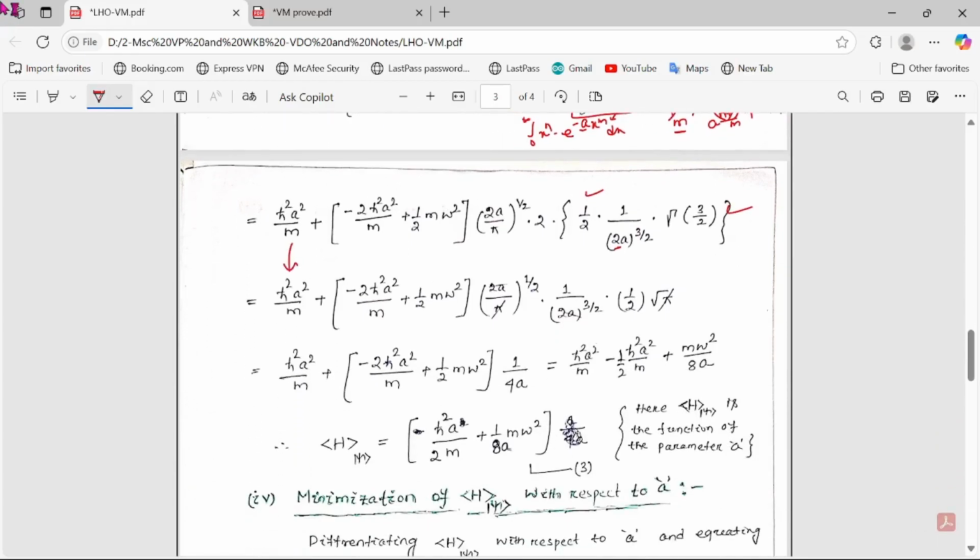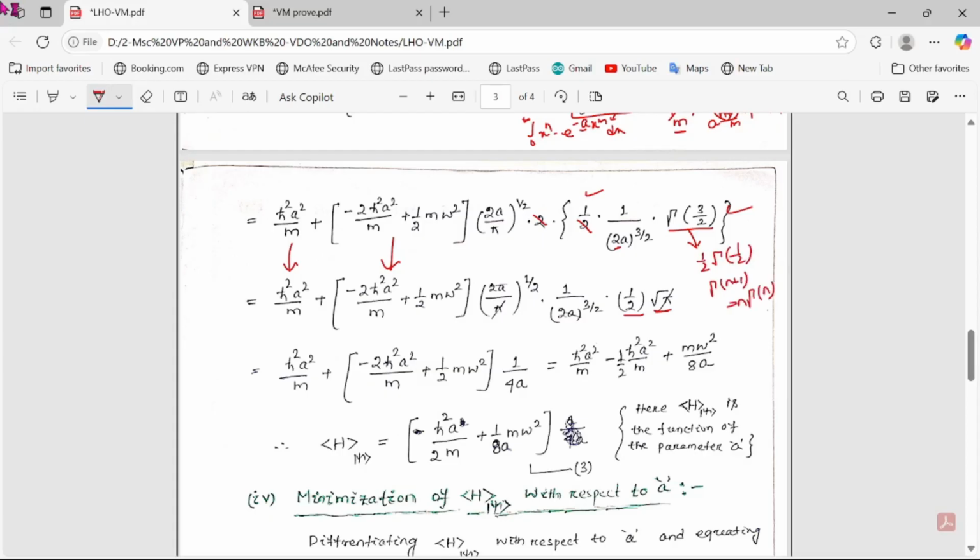The same term is written as such: 2a by pi to the power 1 by 2 into 1 by, here 1 by 2, the 2 gets cancelled, 1 by 2a to the power 3 by 2. Here gamma 3 by 2 is nothing but half root pi, because gamma 3 by 2 can be written as half gamma half, since gamma n plus 1 is nothing but n gamma n.